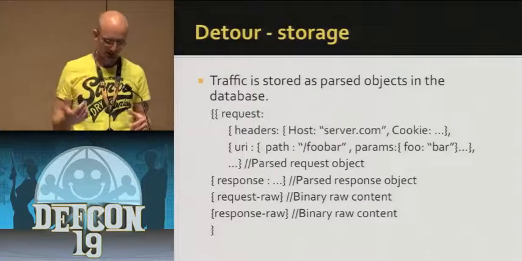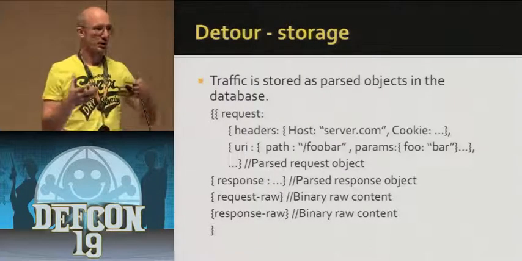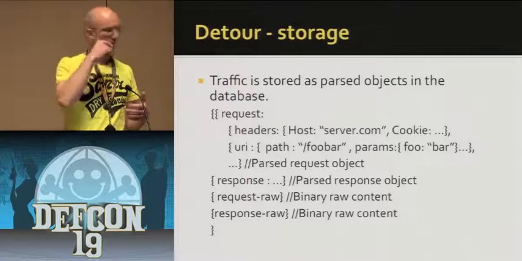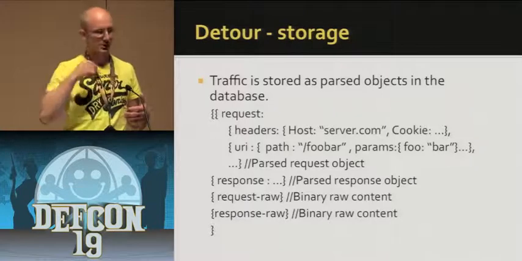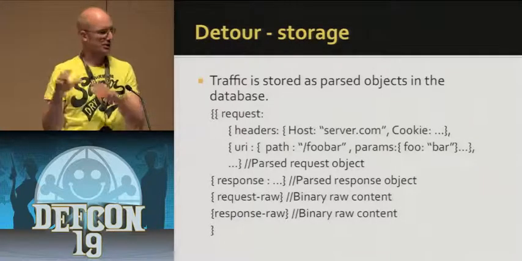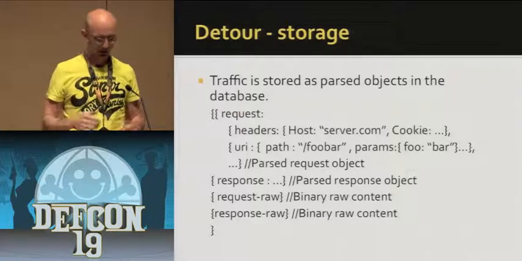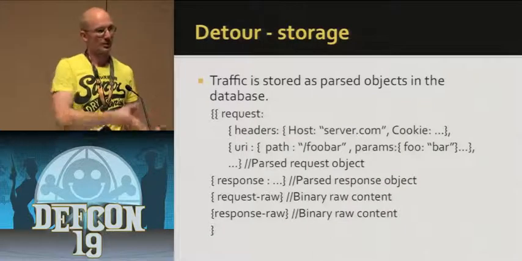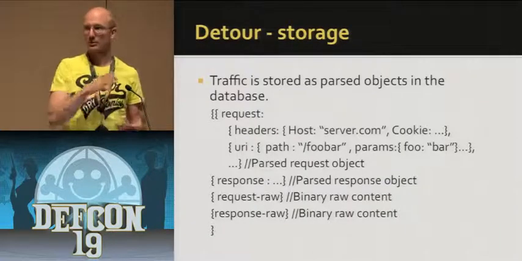So we can say, for example, that we only want to work now with objects which have some request headers, set cookie, and a certain cookie, or where there is a certain parameter of JSON. And it also means that when we load the data up, we don't have to load the entire objects.